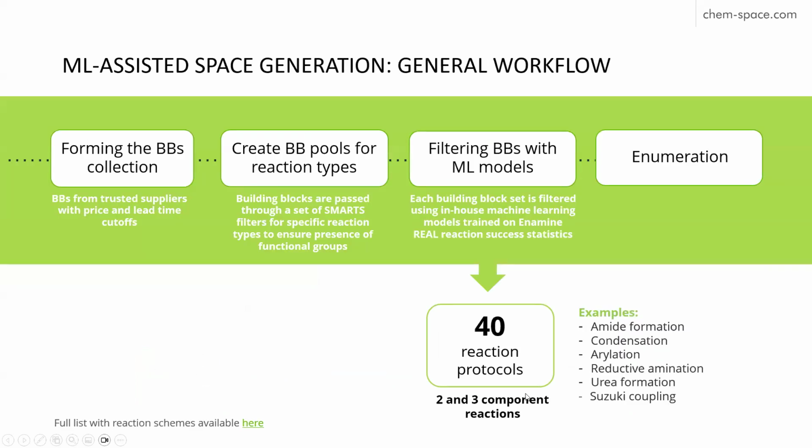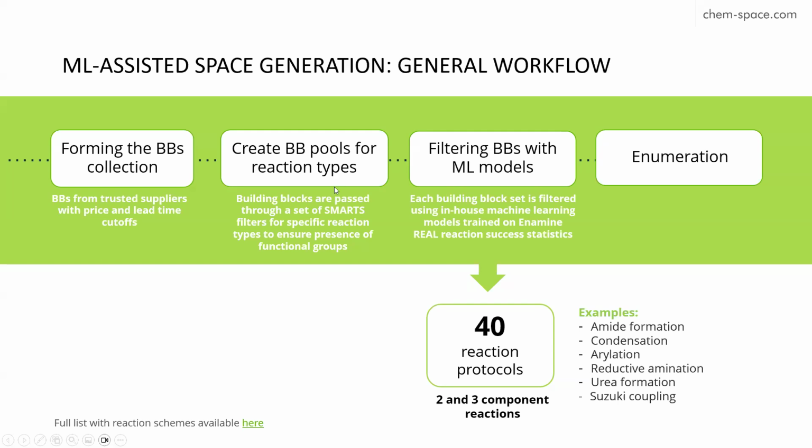Okay, so this is the general workflow of how we suggest to generate these spaces. We start with a collection of building blocks. It could be commercially available building blocks, which is actually what we used for the Freedom Space. It could be a proprietary collection.